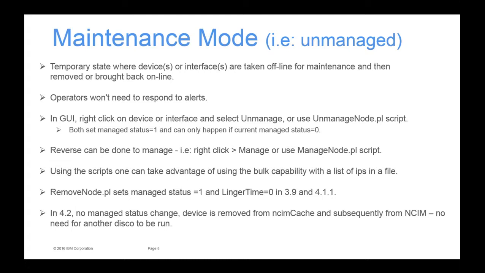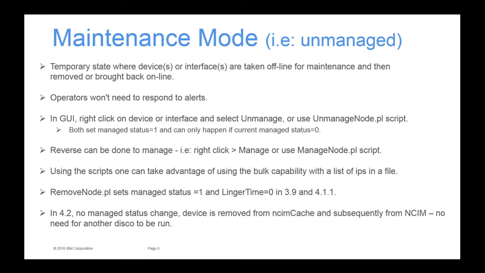To unmanage a device, you can right-click on a device or interface and select Unmanage, or you can use the unmanaged node.perl script. Both of these are going to set the managed status to 1, and this can only happen if the current managed status is set to 0.